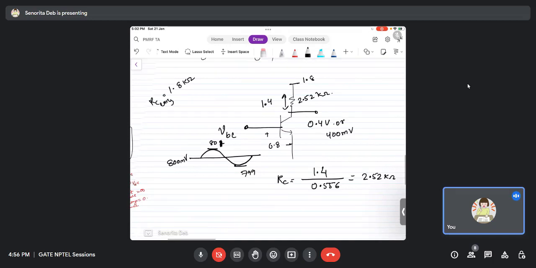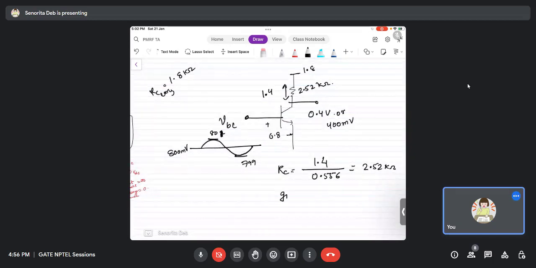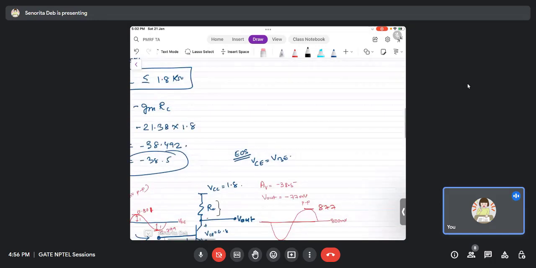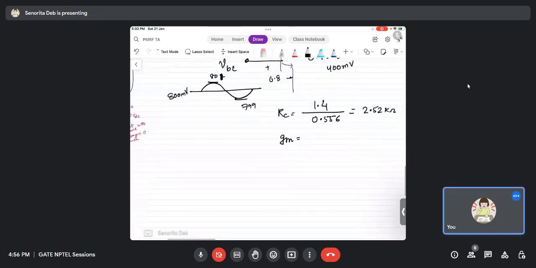What will happen if GM is the same as before? What was GM before? GM was 21.38 milliampere per volt. Now what is AV? 21.38 into 2.52 will give you 53.8776.